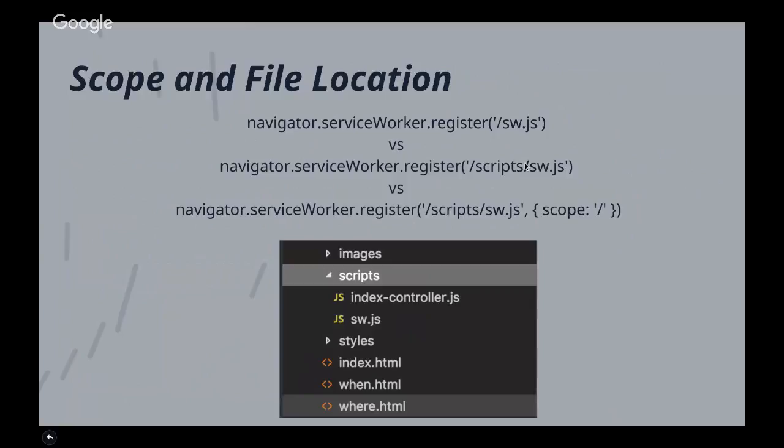For the second version, you will only be allowed to track the fetch of anything that is from scripts or below scripts. The third version requires a different server header to be sent as well. What it does is it allows you to still track the fetch events that are inside your root folder, although you're registering it as scripts.